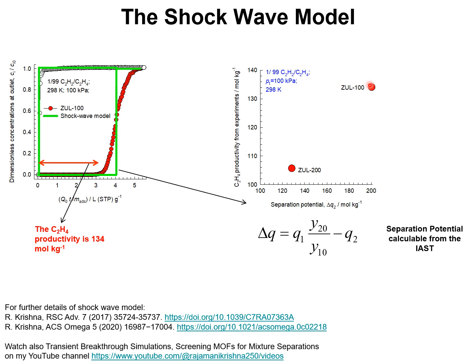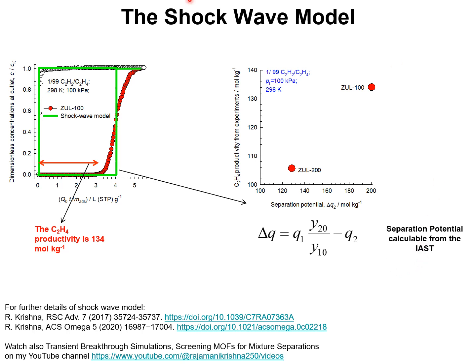In most of the examples I've encountered, the actual productivity from experiments is nearly linearly related to the values of the separation potential that is determinable using the IAST.